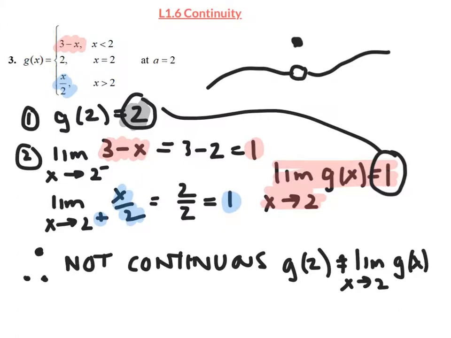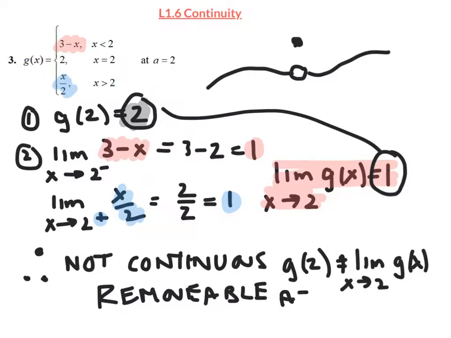Because on this side we have a 2 value, on this side we have a 1 value, and in other words, the limit comes in, but we are up here. And this is known as a removable discontinuity at x equals 2.